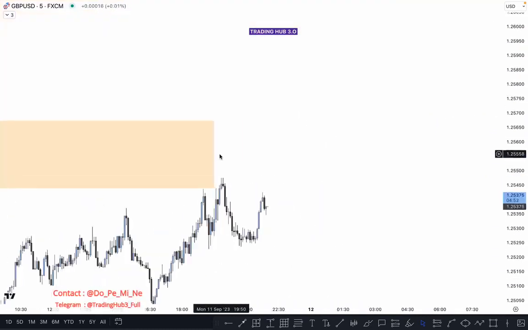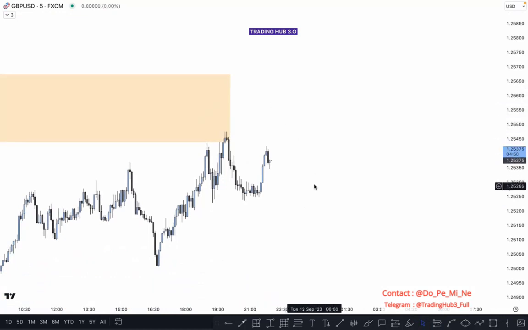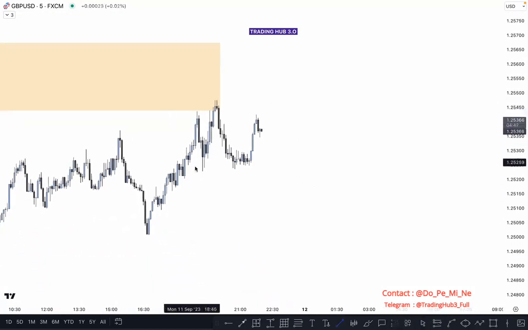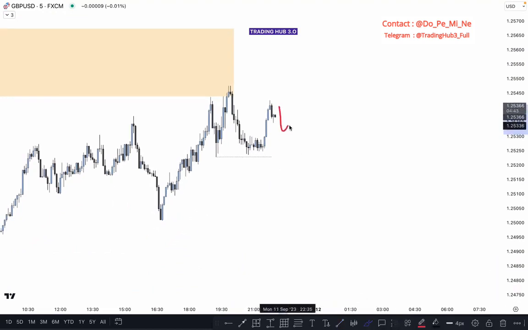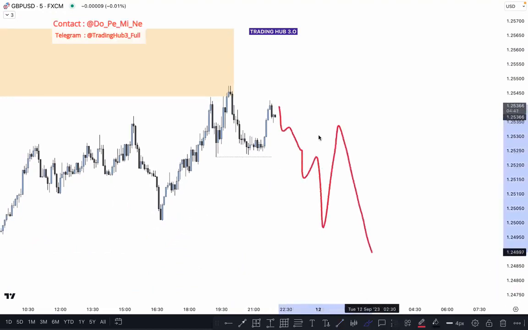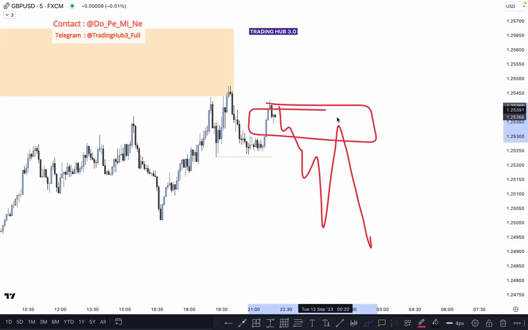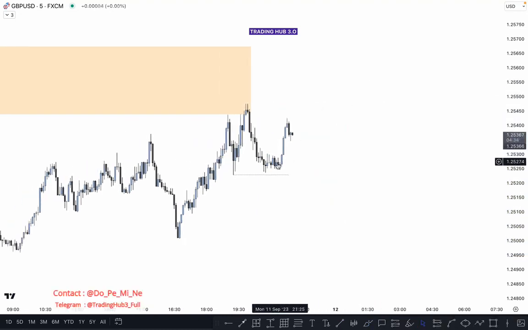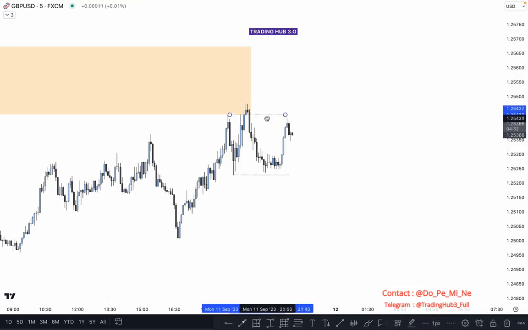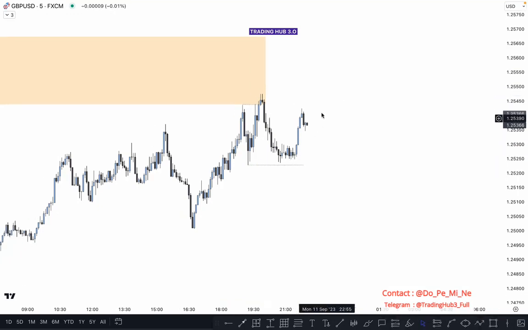Price taps here and creates CHoCH. Where is the CHoCH? This one. If this low is broken, simply broken, taking out the inducement, we can sell at this point in the current situation, because this is the last pullback and the last structure to mitigate.